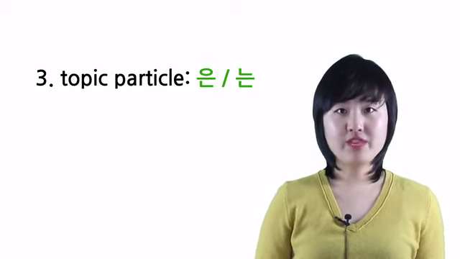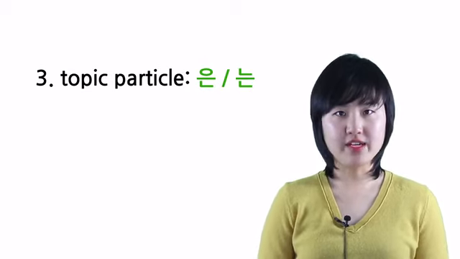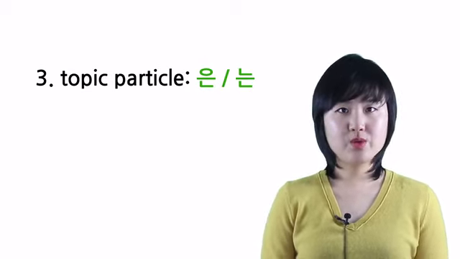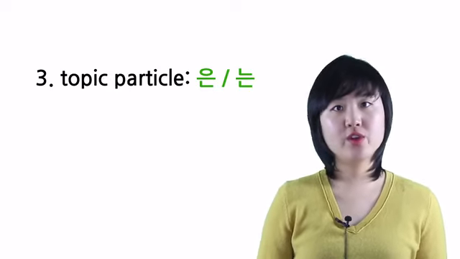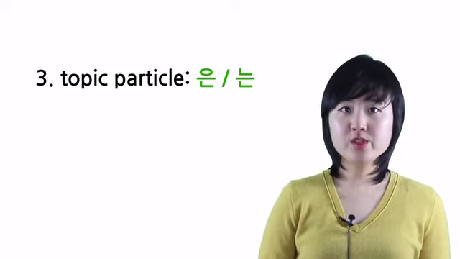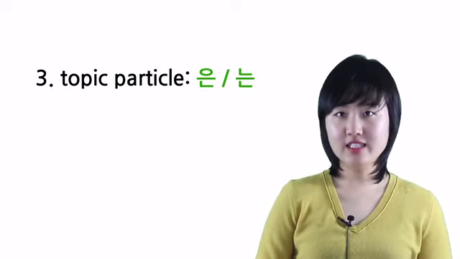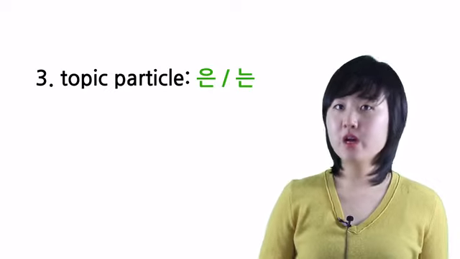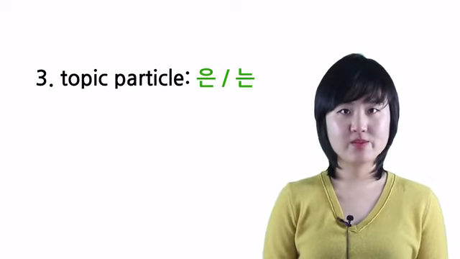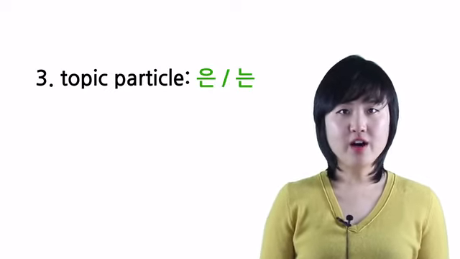The usage of these particles occur quite often. When the subject was used already and the same subject is talked about the second or third time, you're going to use the particle 는. Also, you can use them to compare, to contrast, or to emphasize.